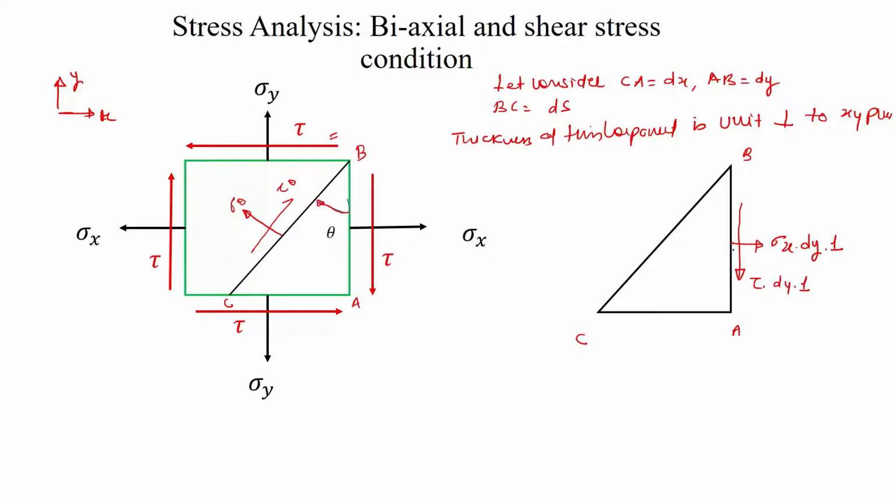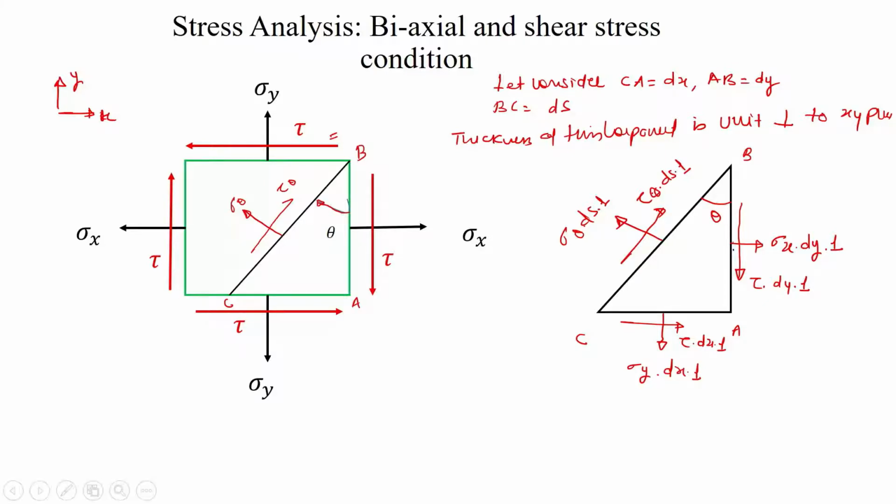Similarly, the force on CA plane would be sigma y multiplied by dx multiplied by 1, and tangential force is tau multiplied by dx multiplied by 1. And similarly, the force on this inclined plane, this angle is theta, so direct force is sigma theta multiplied by ds multiplied by 1, and tangential force in this direction is tau theta multiplied by ds multiplied by 1.